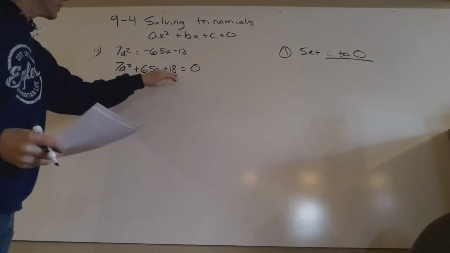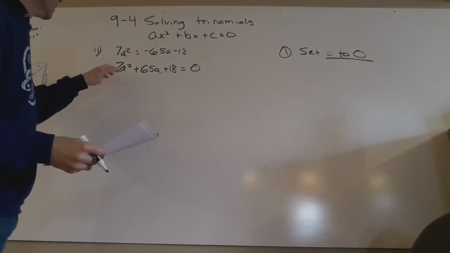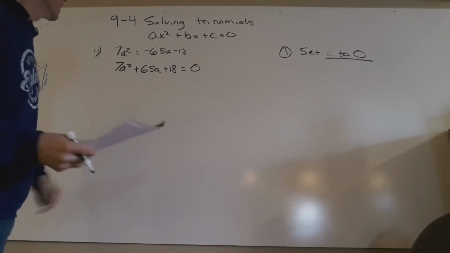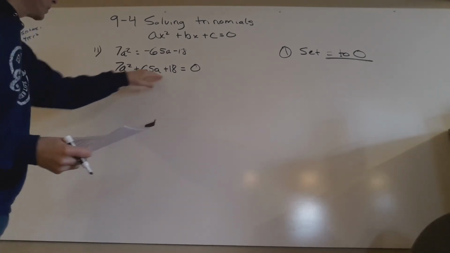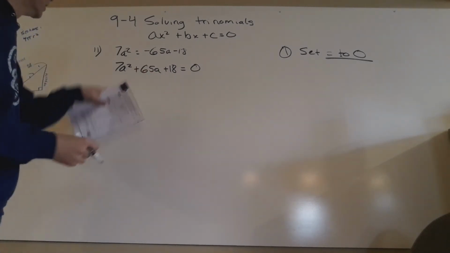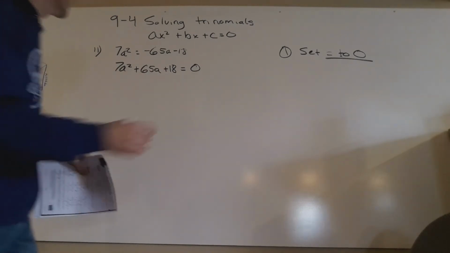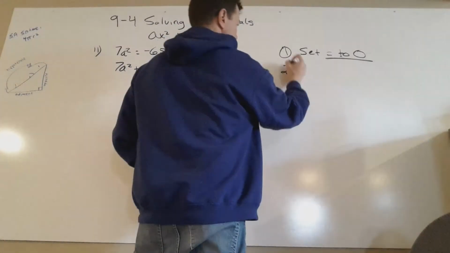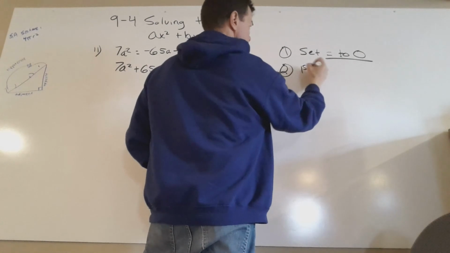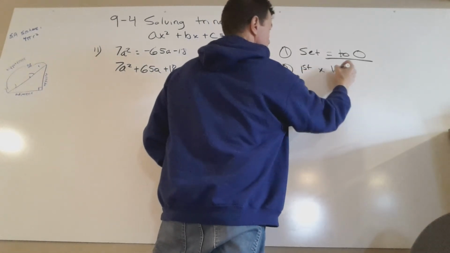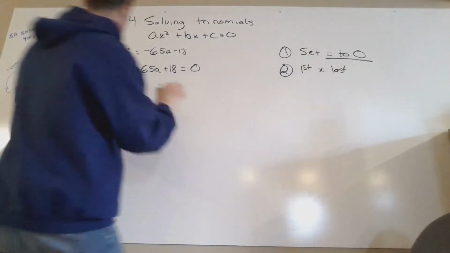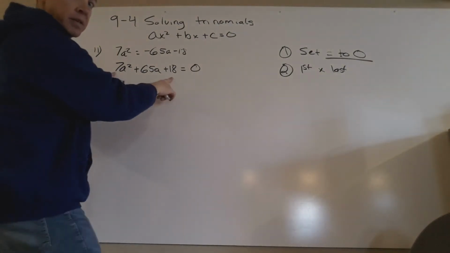Let's look for anything we can factor out. Unfortunately, there's nothing we can factor out, so we're going to be working with some big numbers here. So first times the last. First number times the last number. 7 times 18.